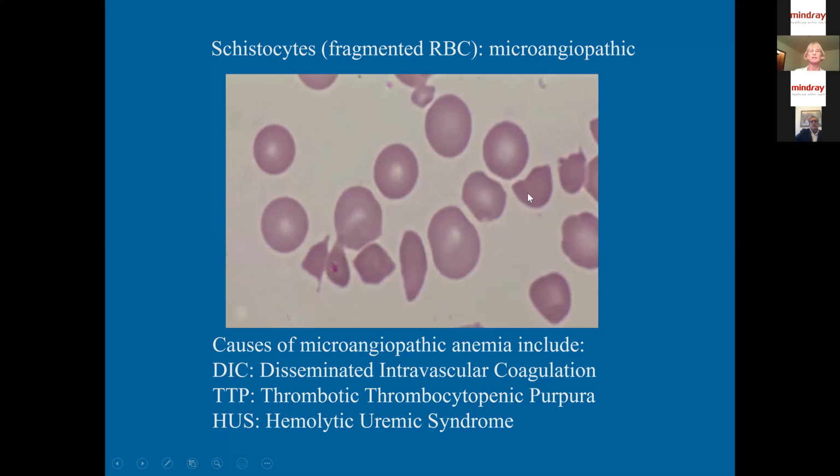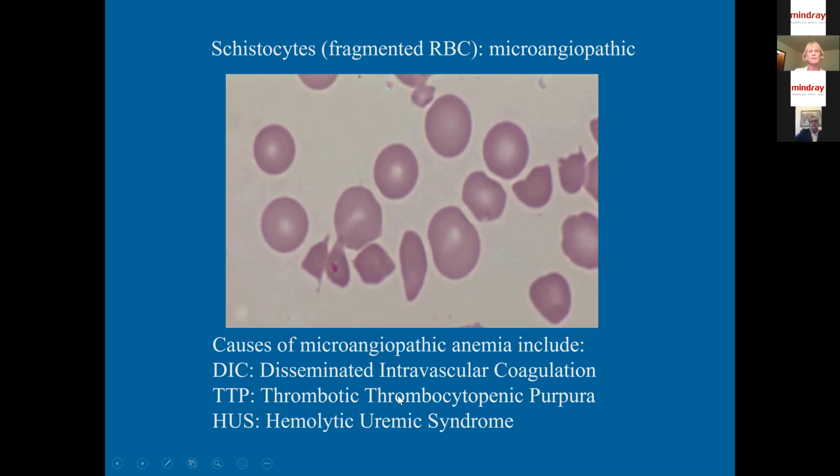These are fragmented red cells that are caused by strands of fibrin or von Willebrand's in the blood vessel. And so hemolytic anemias with schistocytes kind of straddle between being intravascular versus extravascular. And if it's a severe form of it, then they can have signs that it's actually intravascular.